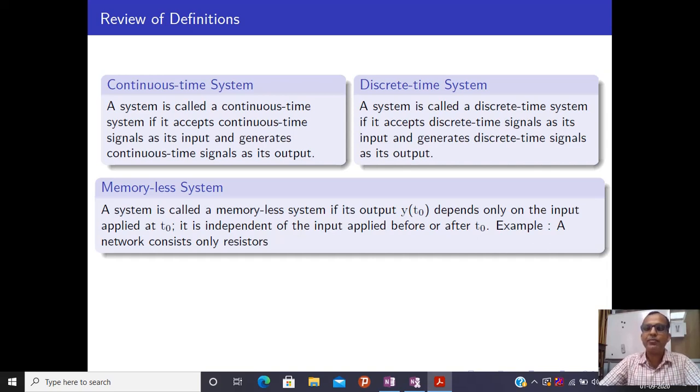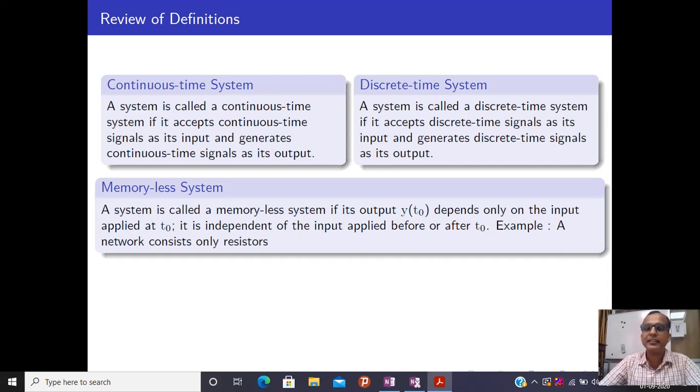Suppose you have a resistor or a network of resistors. You are all well aware that if I apply some voltage V(T0), I get some current I(T0), and by Ohm's law V(T0) equals I(T0) times R. If I change the voltage to some other value V(T1), my current suddenly changes to I(T1), but that current does not depend on the past or future.